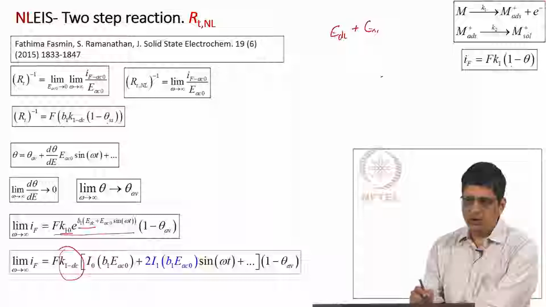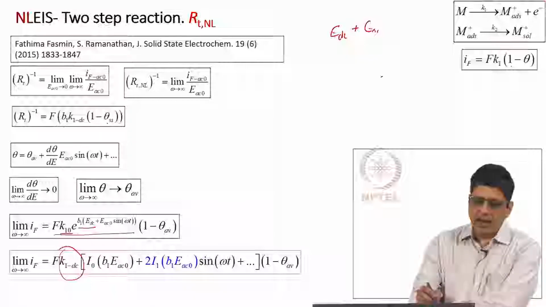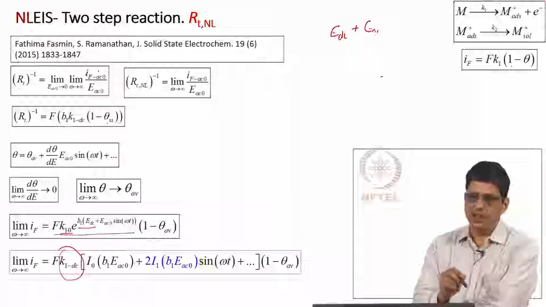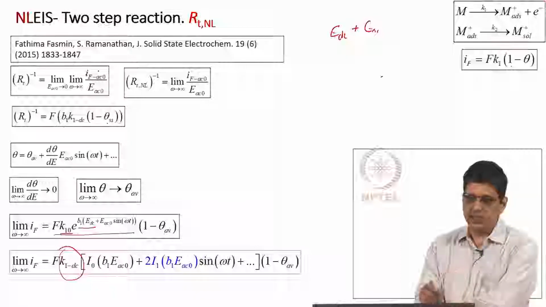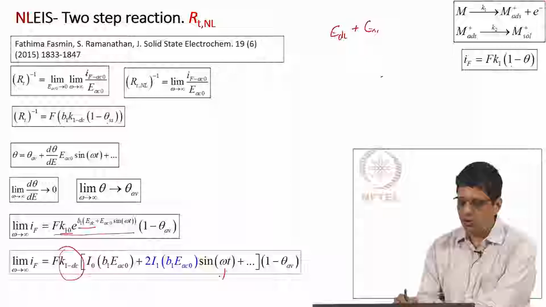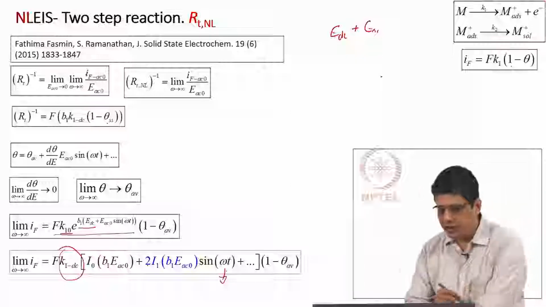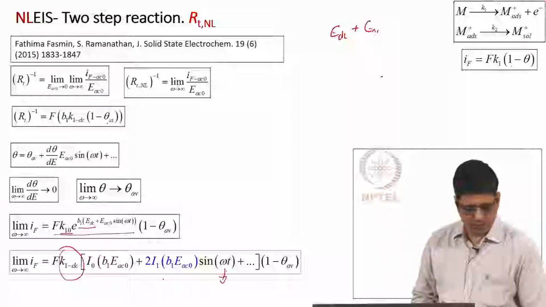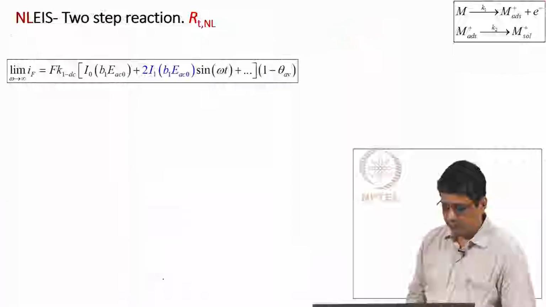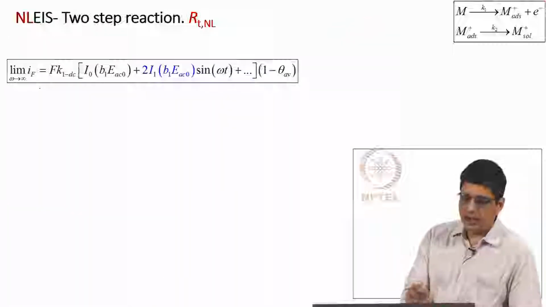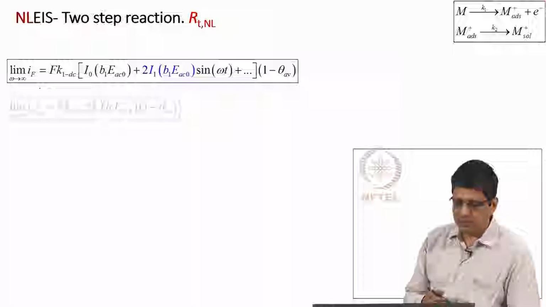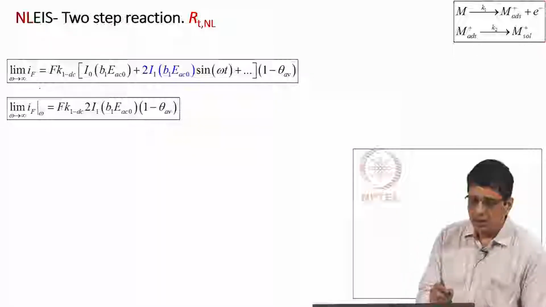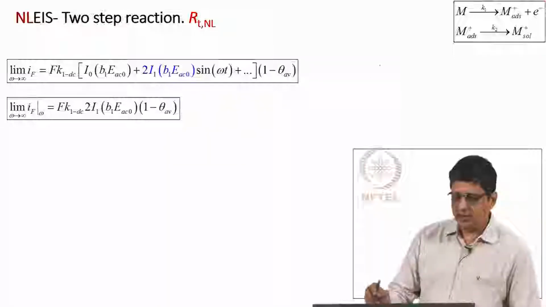Now, we want to look at the IF AC 0, that is the coefficient of the response at fundamental, that is at omega. So, we want to look at the coefficient of this, and the coefficient of this is 2 I1 B1 EAC 0. I have just copied this from the previous page. The IF value is given by the Fourier series.